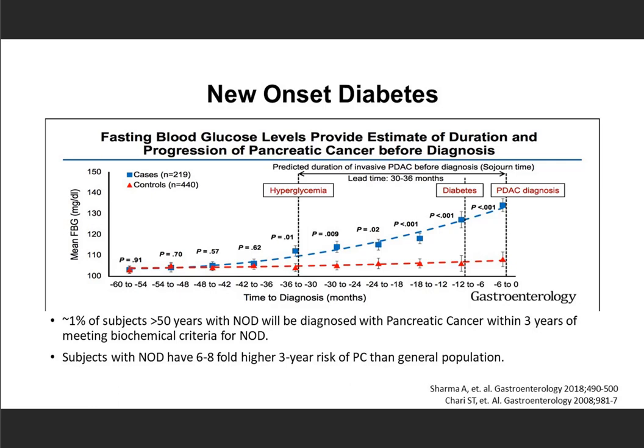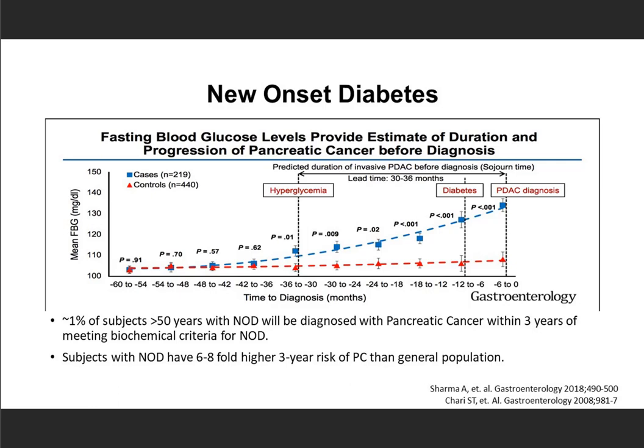So, new onset diabetes. I mentioned that it's been established in previous epidemiological studies that having diabetes itself does predispose you or increase your risk slightly to pancreas cancer. Some of my colleagues, Dr. Chari, in fact, who led this kind of astute clinical observation, that when you looked at these patients who came into our clinics with newly diagnosed pancreas cancer, many of them had diabetes.